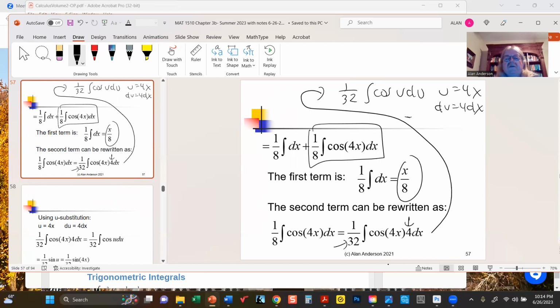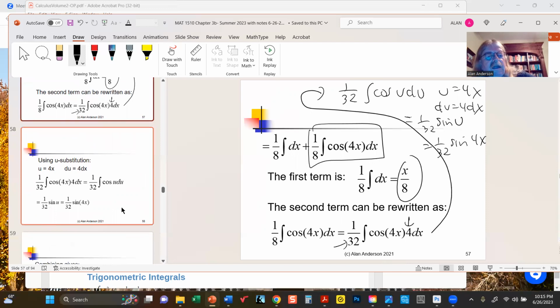So that's just going to leave us with 1/32 sine u, which is 1/32 sine 4x.